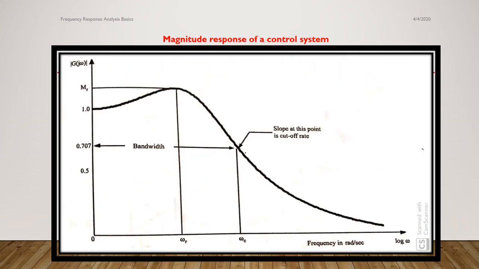Here the figure shows the magnitude response of a control system, the magnitude plot of a typical control system, that is, magnitude |G(jω)| versus log ω.